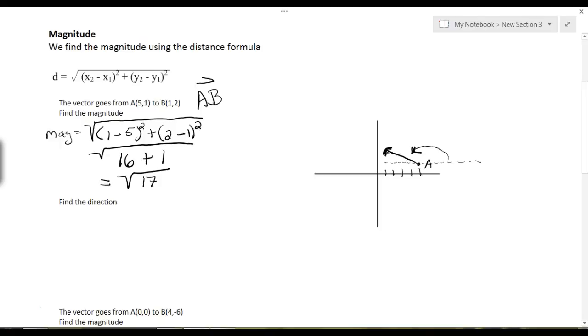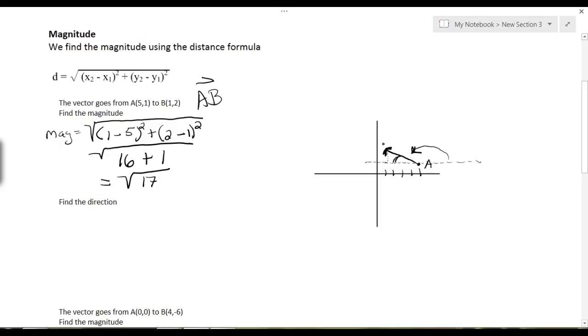I'm going to look at my diagram and see which angle I can find. I can find this little angle here. I can't actually find the angle of direction, but I can find this angle, which shares a 180-degree line with the angle of direction.